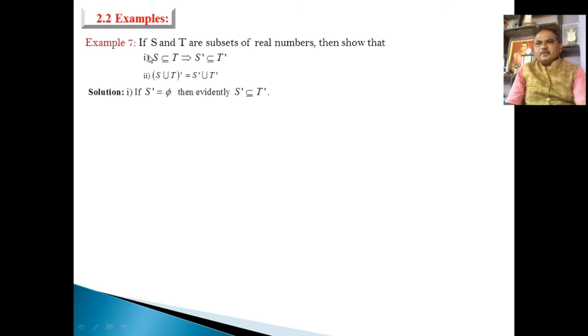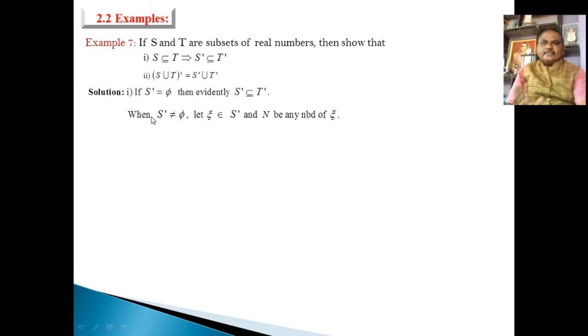In the first part, S is a subset of or equal to T. Then prove that S' is a subset of or equal to T'. Number 1, if S' is the empty set, then evidently S' is a subset of or equal to T'.